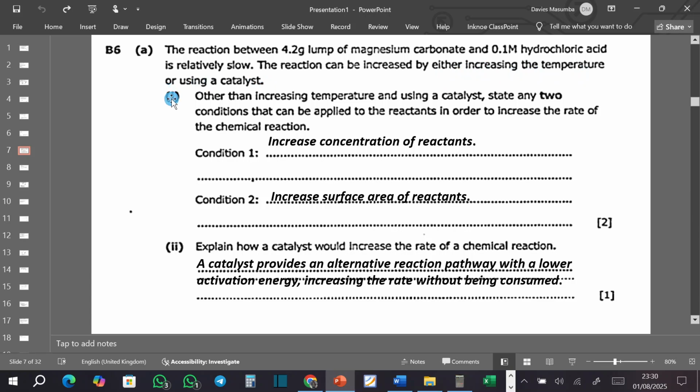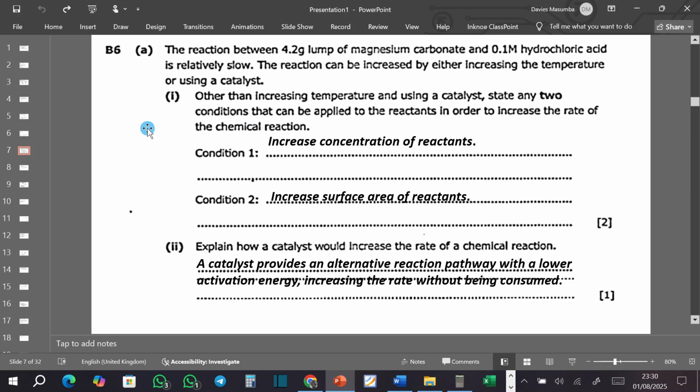Now they're saying other than increasing temperature and using a catalyst, state any 2 conditions that can be applied to the reactants in order to increase the rate of the chemical reaction.